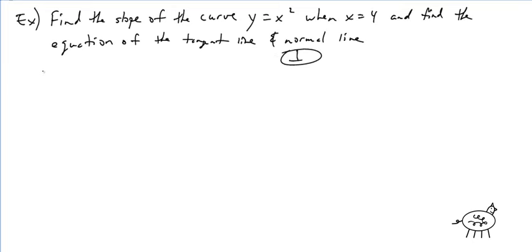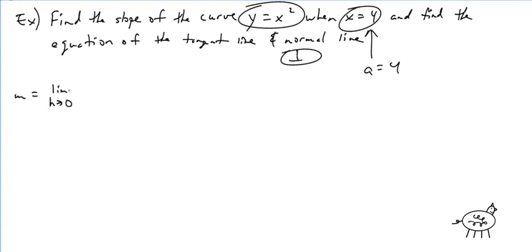All right, so here's our function, y equals x squared, and here's the point that I'm looking at. So x equals 4, that's my value of a. So a is equal to 4. I have the slope of the tangent line, or the slope of the curve at that point, which is limit as h approaches 0 of f of, and if you look back at our formula, it's f of a plus h.